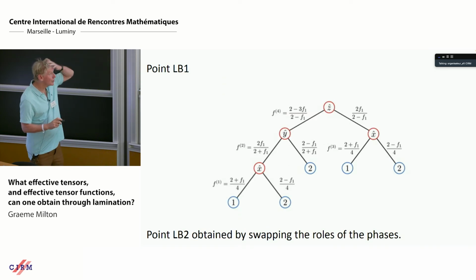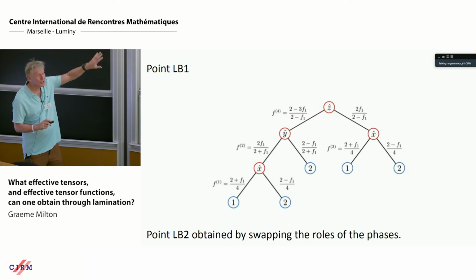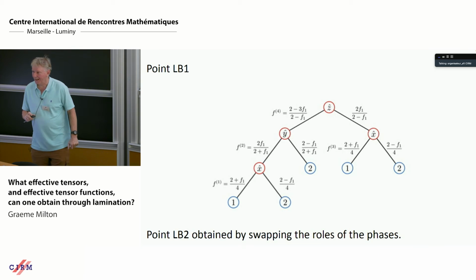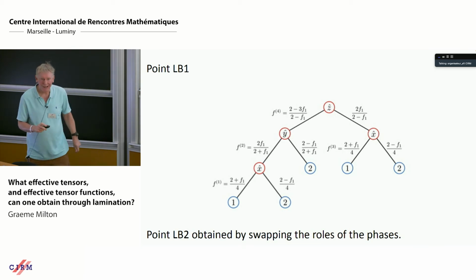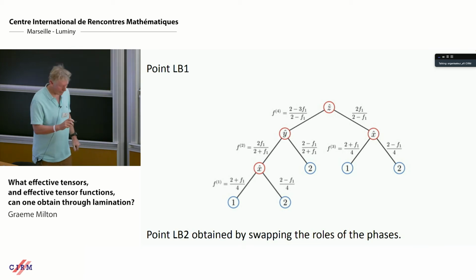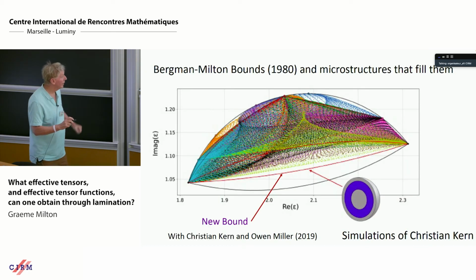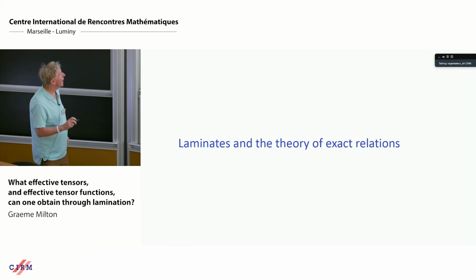And the other structure Christian found had this laminate type structure. And so it's still an open question to prove or disprove whether you can get other points which are attained. I think Christian felt the answer was no. And then there was this new bound.